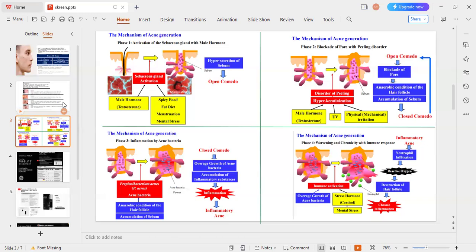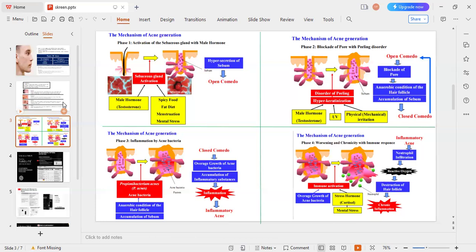Such bacteria are called Propionibacterium, and they produce P. acnes, that is Propionibacterium acnes. When there is an overall growth of acne bacteria and they produce such P. acnes, huge inflammation comes on the skin. That is inflammatory acne, like we have explained about pustule, nodule, cyst, and everything. So this happens when there is a lot of P. acnes generated by the Propionibacterium.